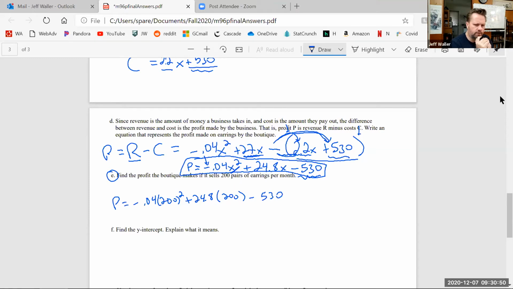Negative 160, 480, 496 minus 160, 338 minus 530, 192. Is that right? Negative 192. I can trust my brain. I think it's negative 192.